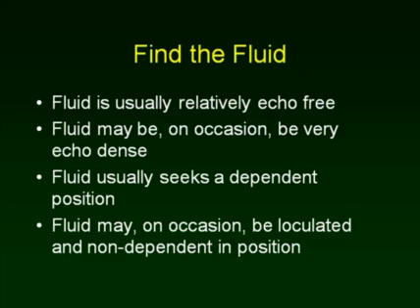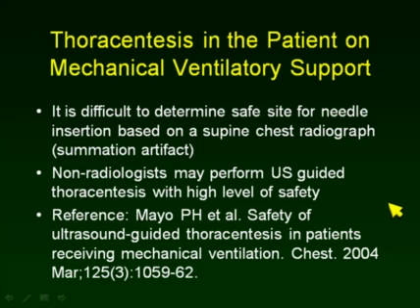Finding the fluid is pretty straightforward. It's relatively echo-free. It may occasionally be dense, and if free-flowing, it always seeks a dependent position in the thorax. Occasionally it's loculated, so it'll be any place then.